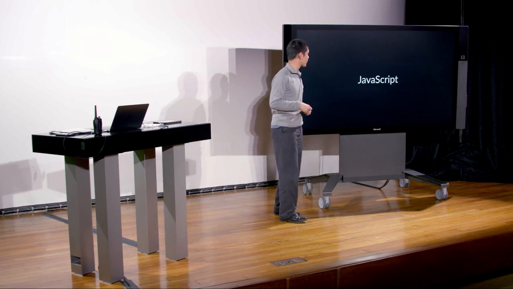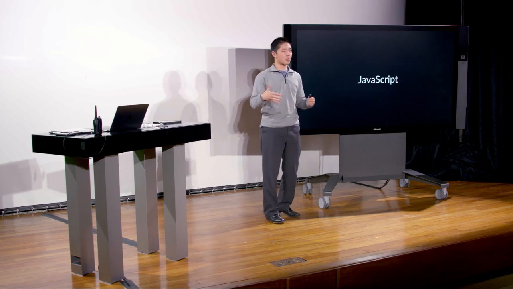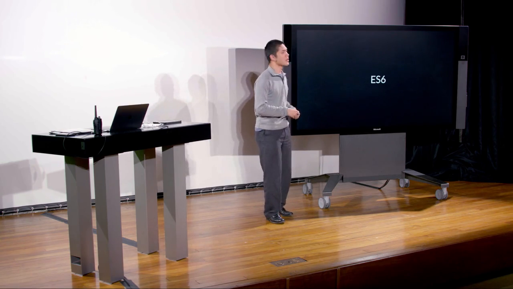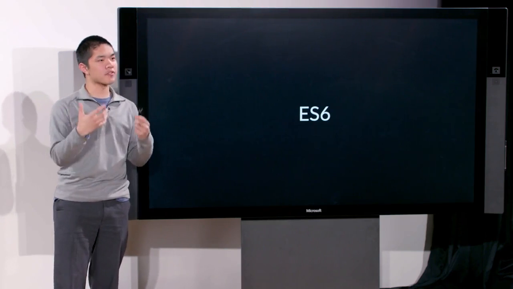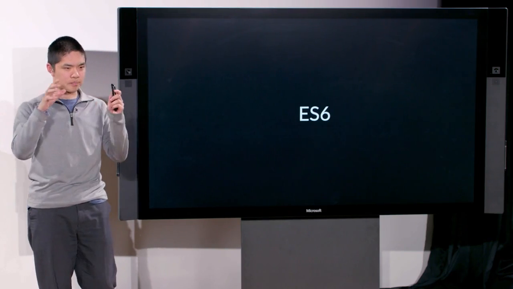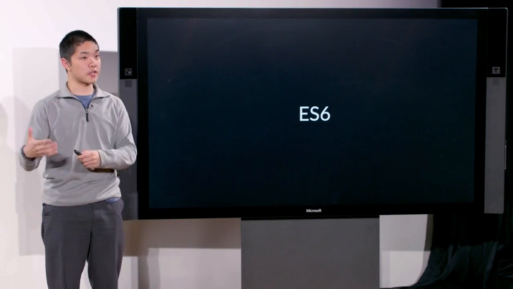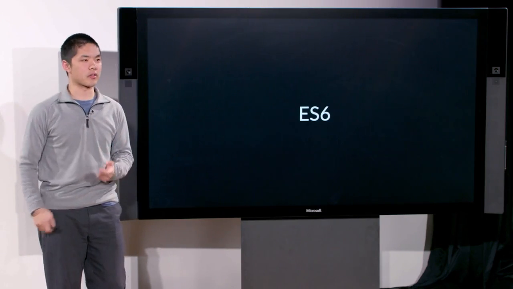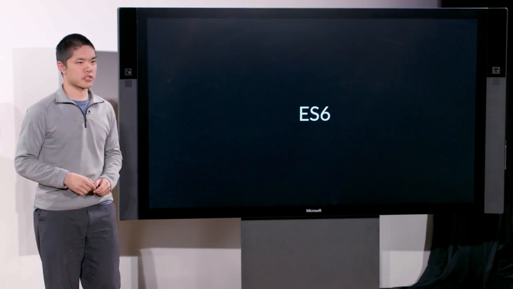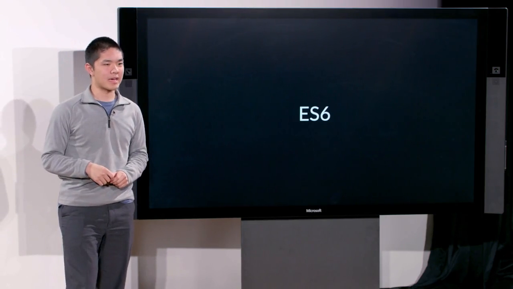The version of JavaScript that we're going to be using in this class is one of the more popular, more recent versions of JavaScript known as ES6. This is just one particular standard version of JavaScript that predefines a certain list of features, some of which are new features that weren't in previous versions of JavaScript. But most web browsers nowadays support this latest version of JavaScript, ES6. And so that's going to be the version that we're primarily going to be using in this class.